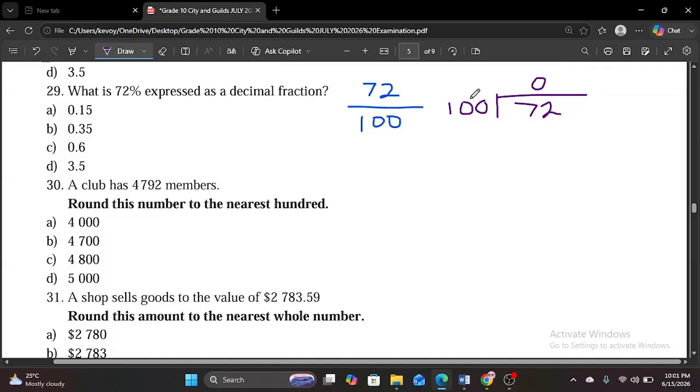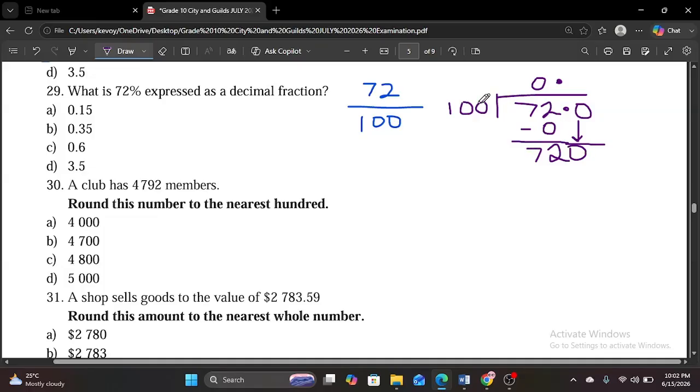So 0 times 100, that's going to be equal to 0. After that, you subtract. So 72 minus 0, that's going to be 72. Afterwards, you bring down. What is there to bring down? Nothing. So you put a decimal point. Put a decimal point above as well. And you add your 0 to bring down. So you're going to bring down this 0 right there. So it's going to change it to 720.